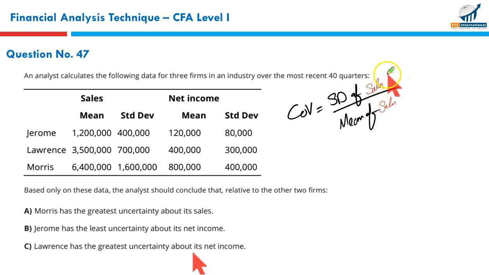It could be standard deviation of your net income upon average or mean of your net income. And lastly, standard deviation of your earnings before interest and tax upon your mean or average of your earnings before interest and tax. What does it measure? It measures volatility. It measures uncertainty.